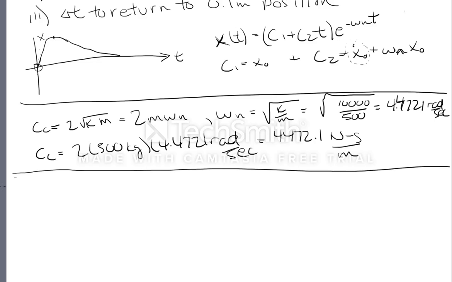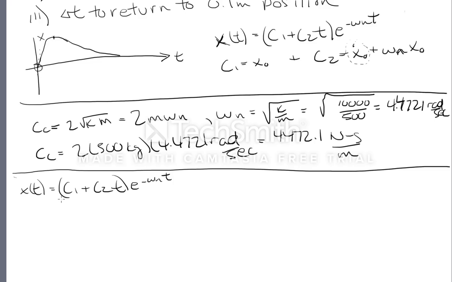Okay, so again, x at t equals C1 plus C2t, e to the negative omega n t.